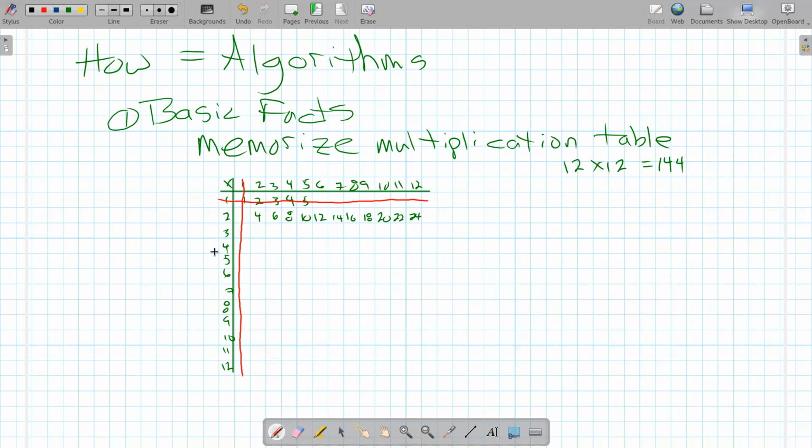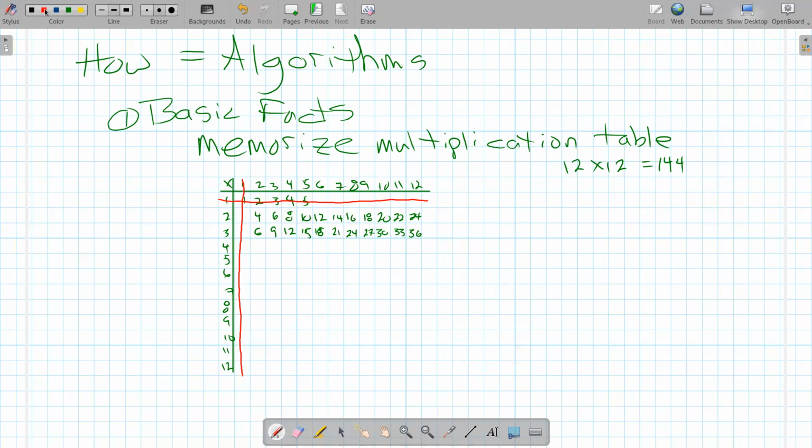Multiplication by 3, that's important too, right? So 3 times 2 is 6. And then we have what, 9, 12, 15, 18, 21, 24, 27, 30, 33, and 36. Let's do a few more.